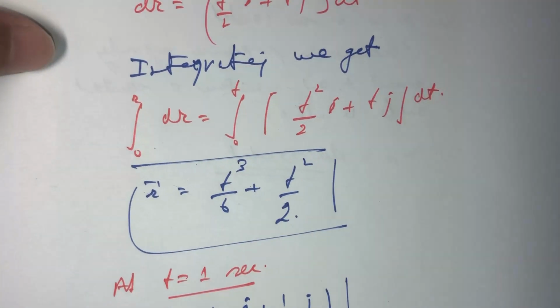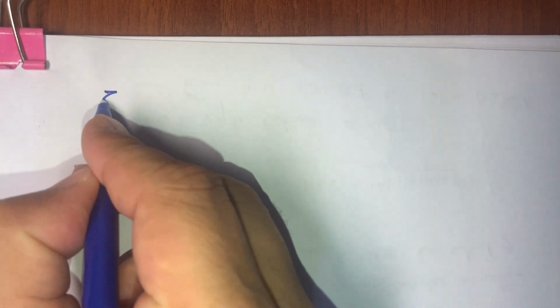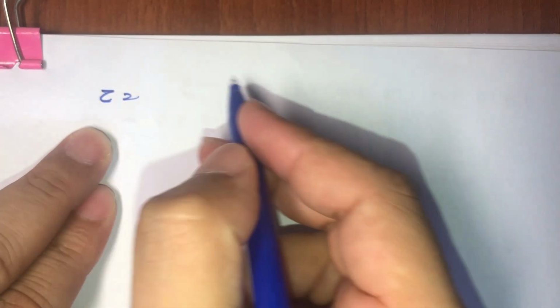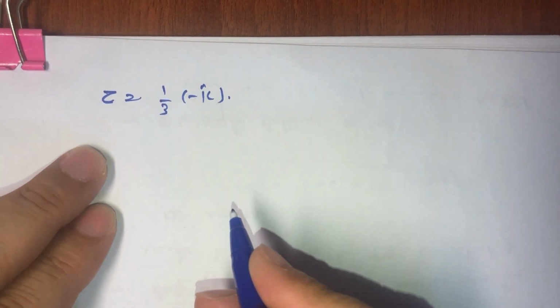Now let us find out for the other conditions also. Next, we have to find out B, what will be the direction of the torque. We just found out that the torque is 1 by 3, and this will be minus k unit vector.